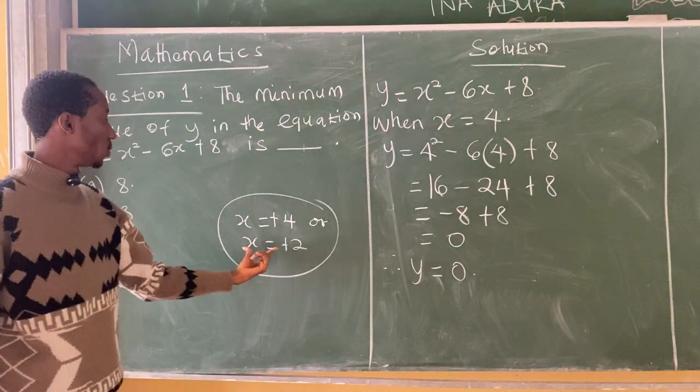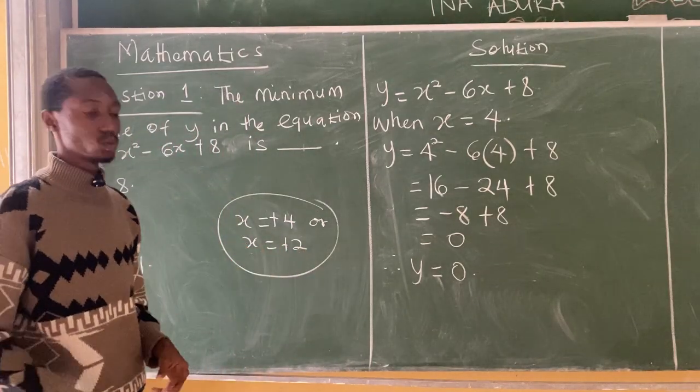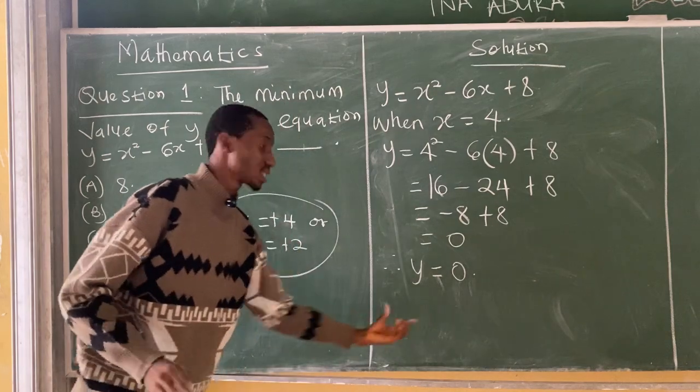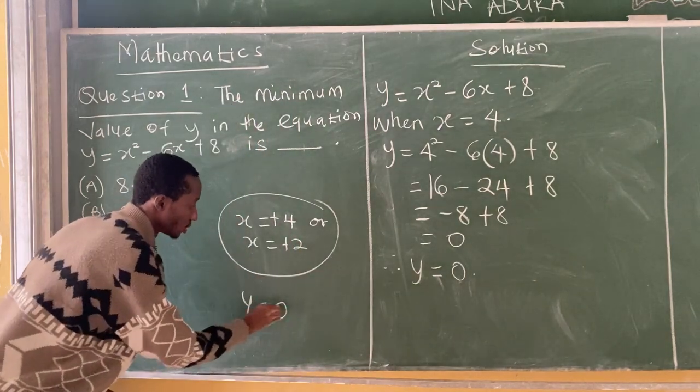Let's check for the second term when x is equal to plus 2. Don't forget, for the first term, y is equal to what? 0.